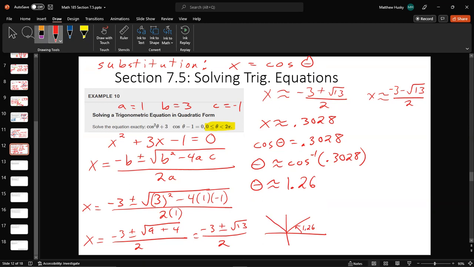And then there's going to be another one, it's actually going to be down in the fourth quadrant, because we need where cosine is positive, because both of these are an x value of 0.3028. So then to find this angle, it's going to be 2 pi minus 1.26, which is going to give me the other solution from this one.